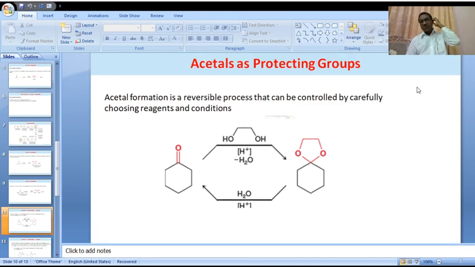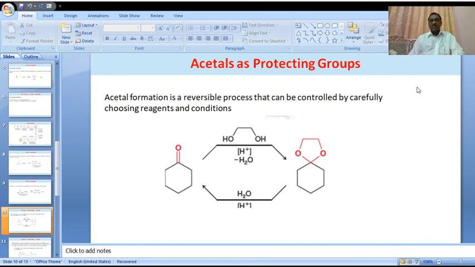Acetals as protecting groups. This acetal formation is also used for protecting groups. Acetal formation is a reversible process that can be controlled by carefully choosing reagents and conditions.